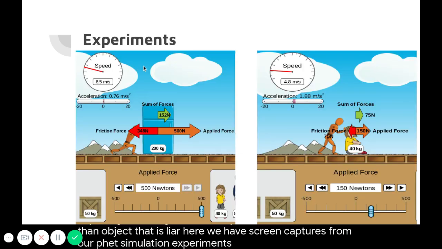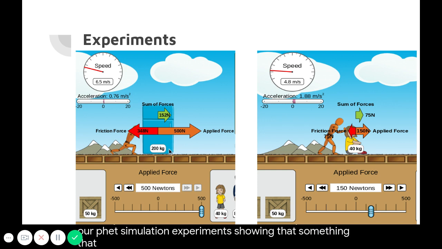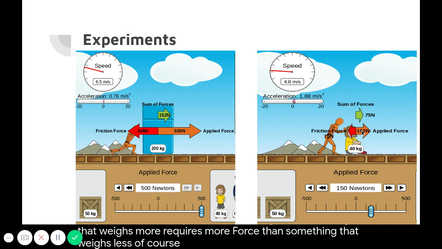Showing that something that weighs more requires more force than something that weighs less, which requires much less force. Now we're comparing different objects. Let's move on to Newton's third law.